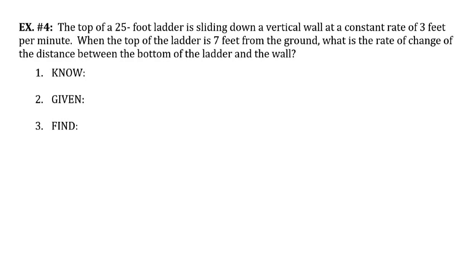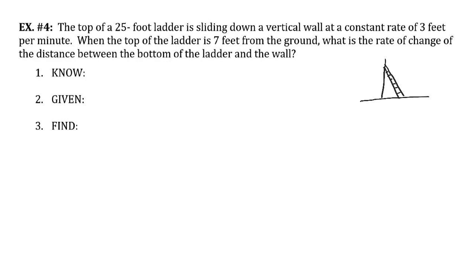So sketching this, we have a ladder propped up against the wall. So let's just very easily sketch in a wall, kind of a crooked wall for sure. And then we've got a ladder on this other side of the wall, and this ladder is sliding down the wall.